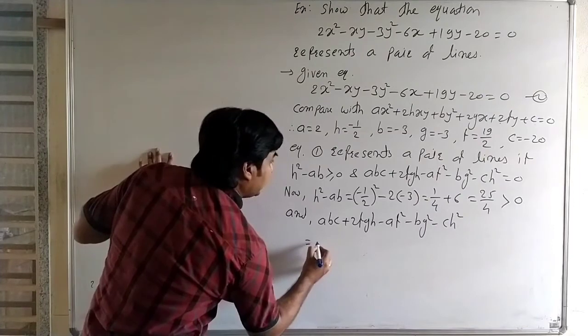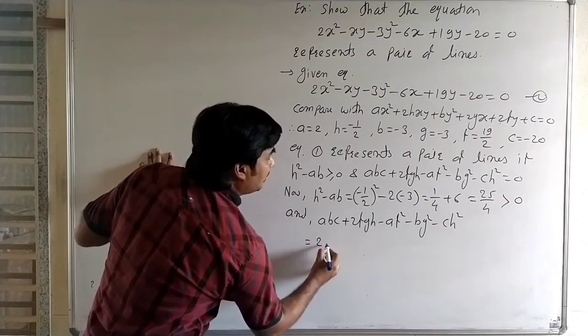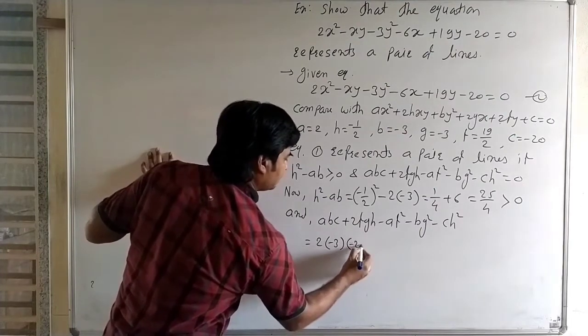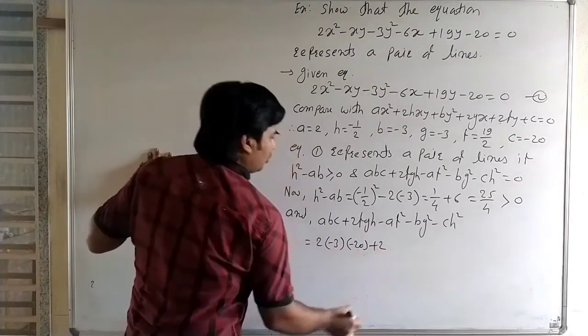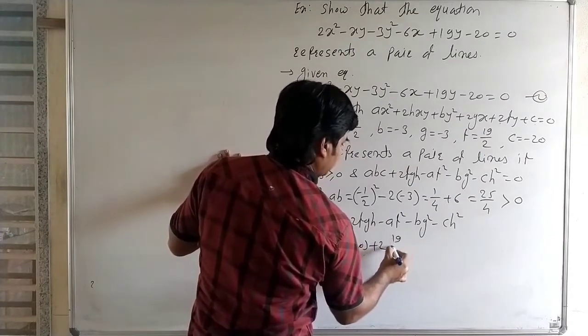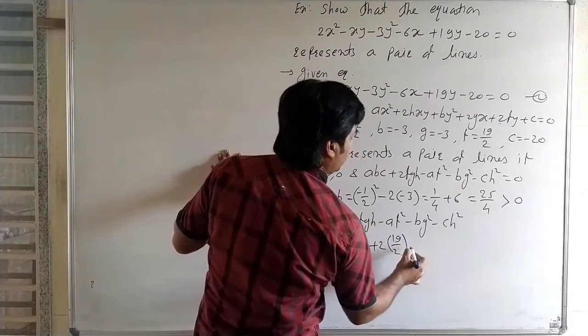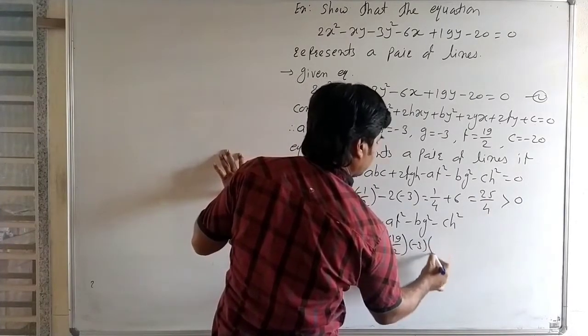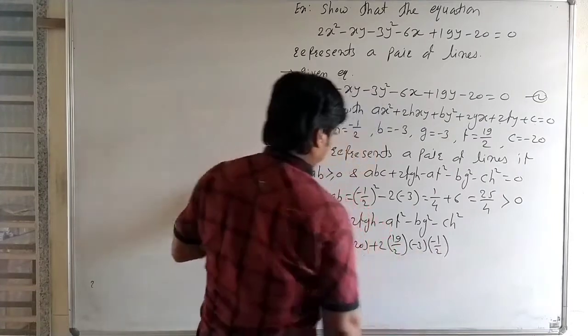Therefore we can write a, it is 2, b, it is minus 3 and c, it is minus 20, 2f, it is 19 by 2, g, it is minus 3, h, it is again 1 by 2, it is minus 1 by 2.